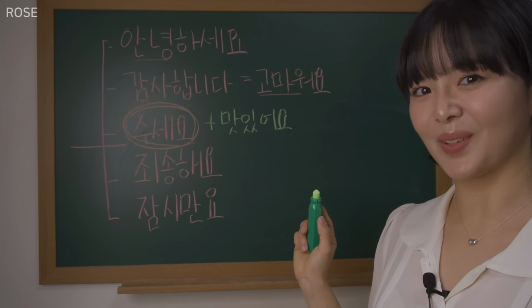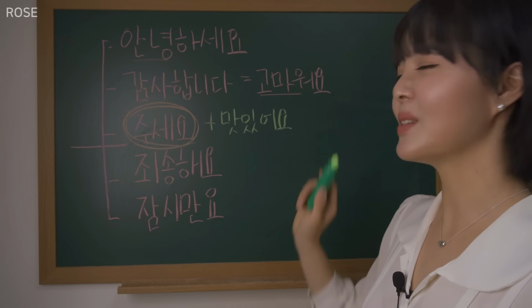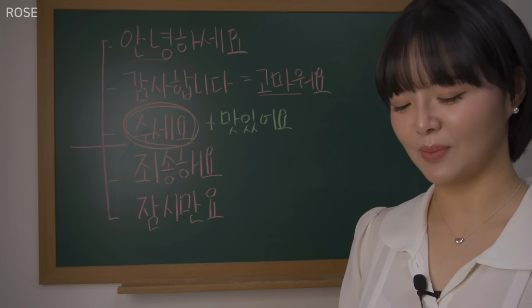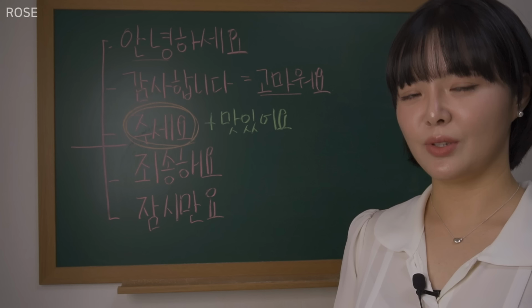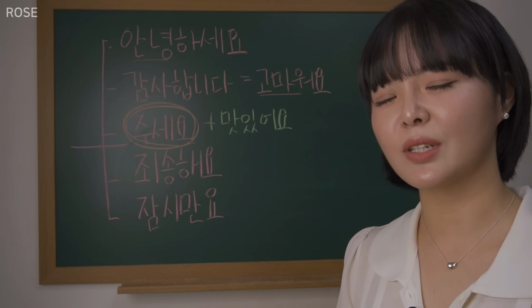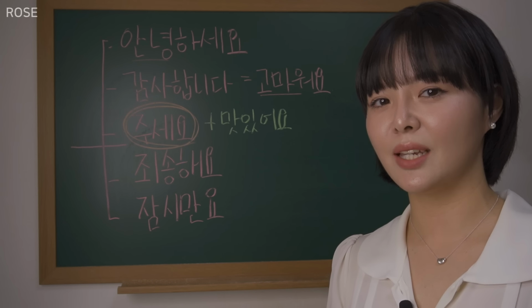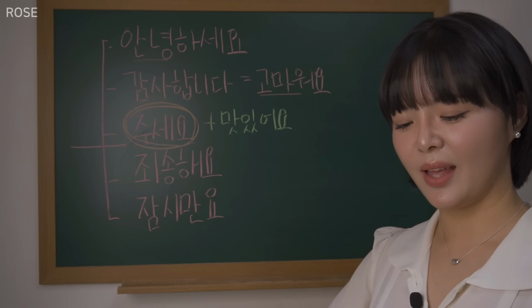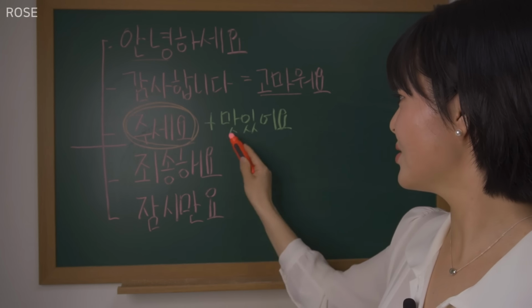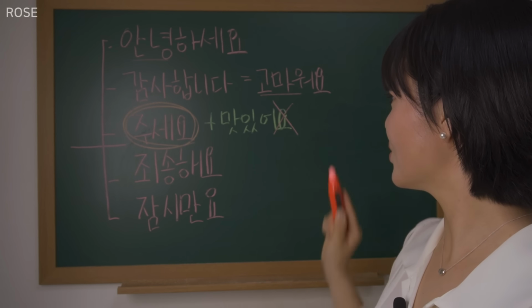delicious. 맛있어요. You can also express your gratitude to someone who prepared the food. So you can use it in a restaurant, or if you're invited to a family, you can also say that. 맛있어요. You can say it to everyone. And then if you want to say it to your friends, just don't use 요.